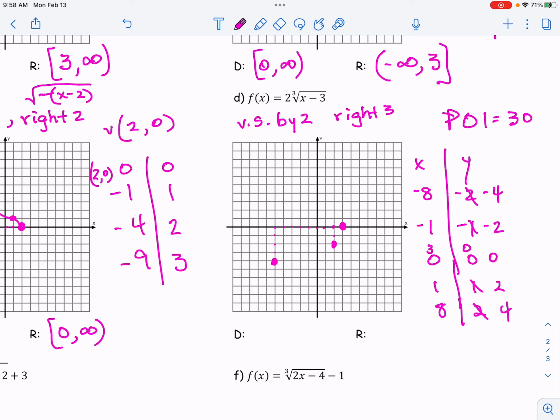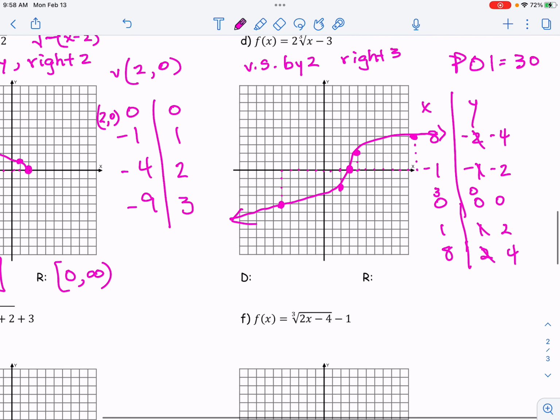I'm going to go over 1 and up 2. I'm going to go over 8 and up 4. And this is my graph. Domain, all reals. Range, all reals.